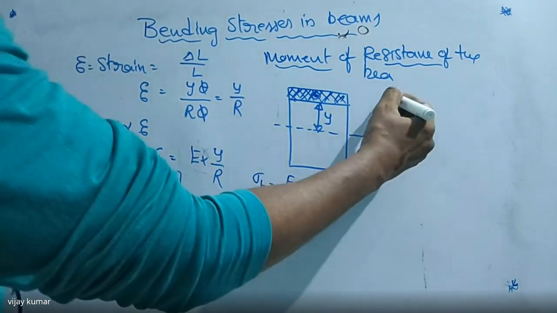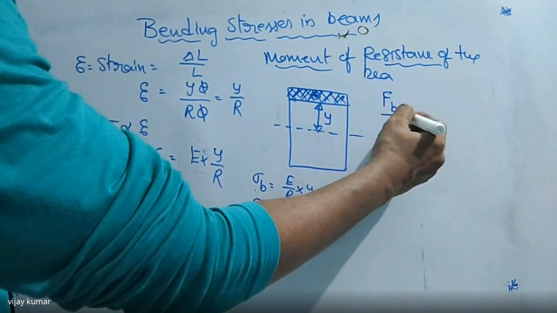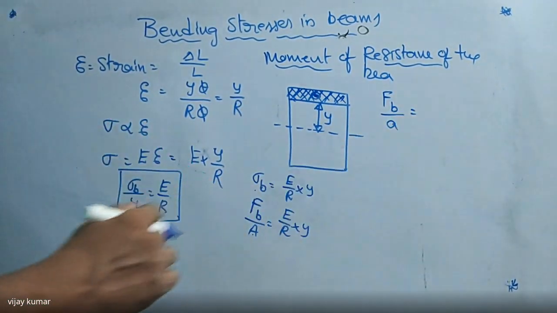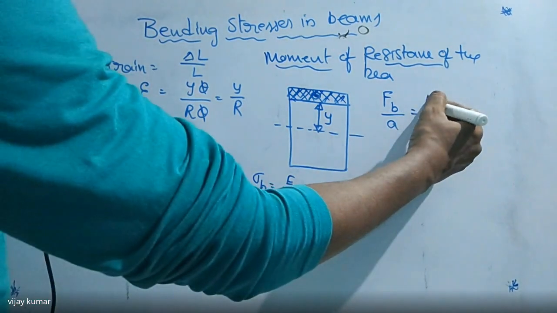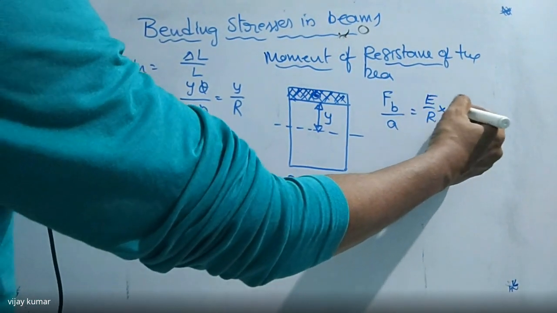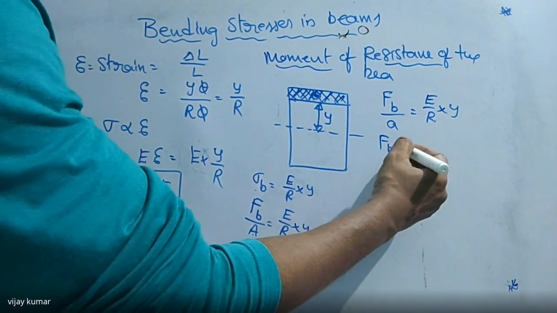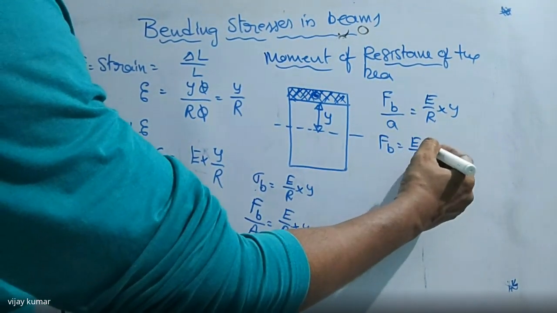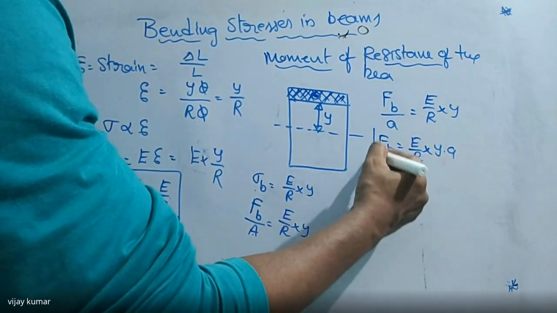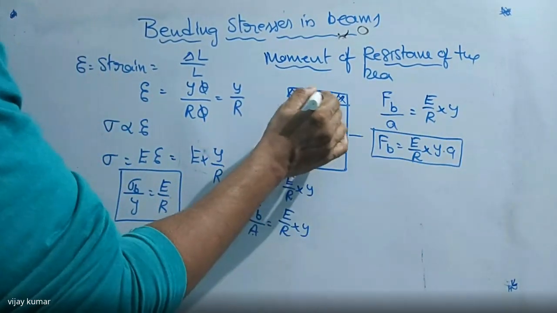So bending force divided by small a is equal to E by R into Y. Then bending force is equal to E by R into Y into A. This is the value of the bending force on this element.